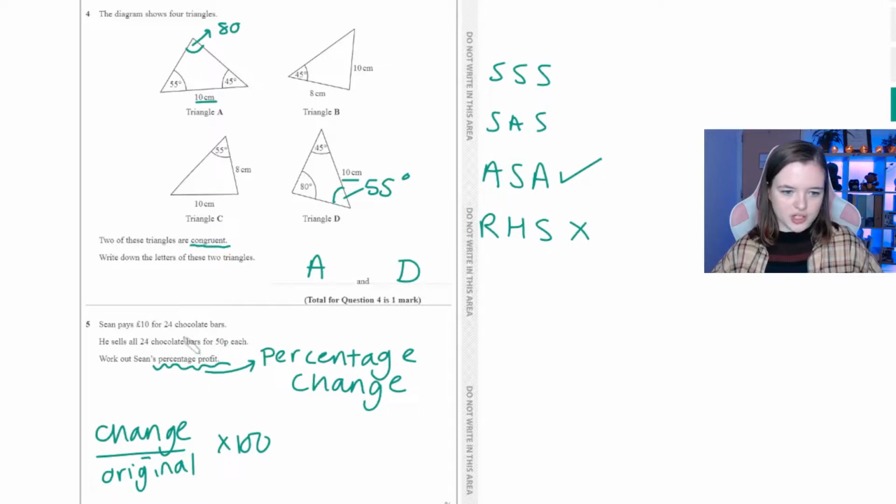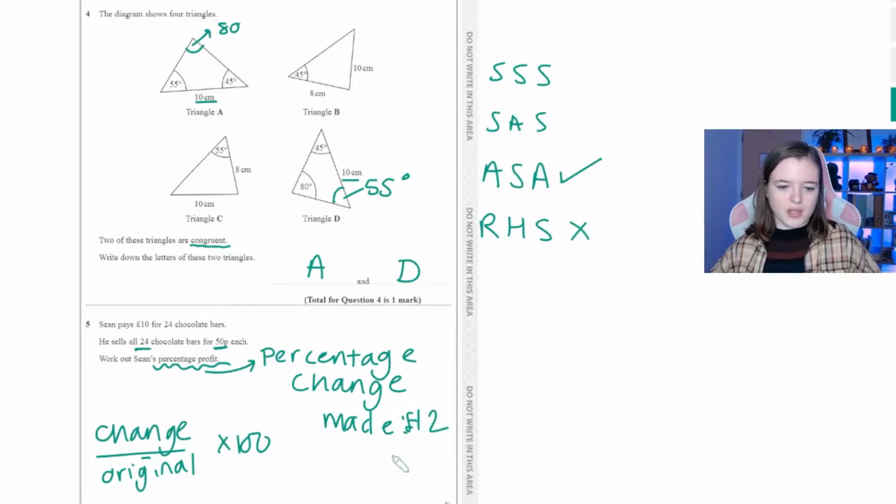So we're going to do 50p times 24, because he's got 24 lots of 50p, so I'm selling all these chocolate bars. And that is going to be like half of 24, which is £12. So he's made £12. Okay, then the change will be what he spent on the chocolate bars versus what he got.